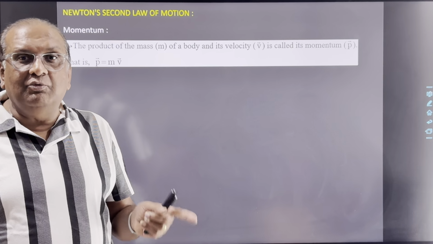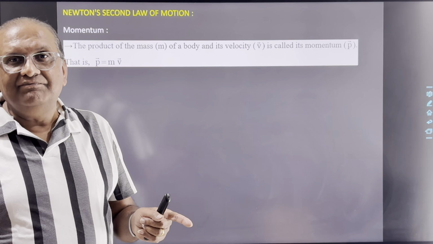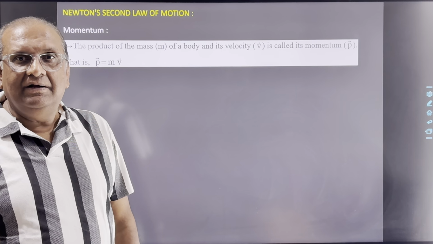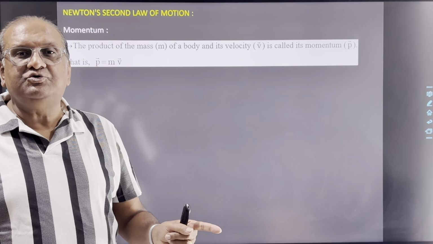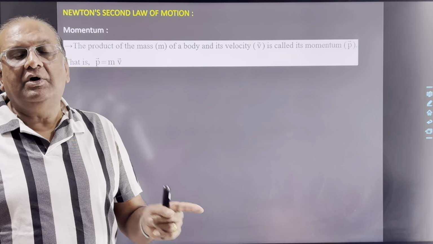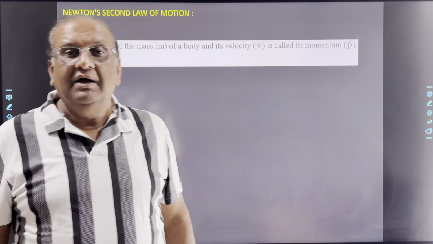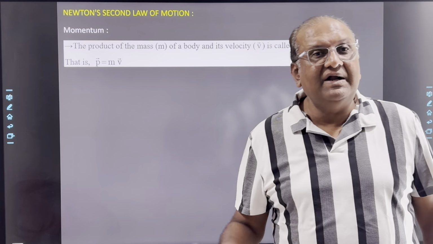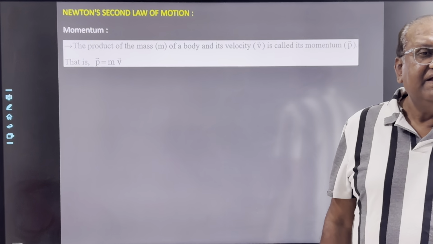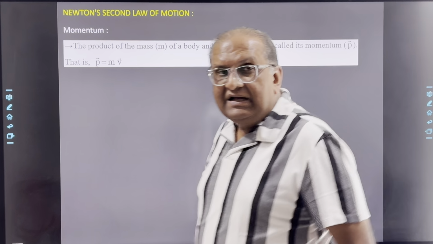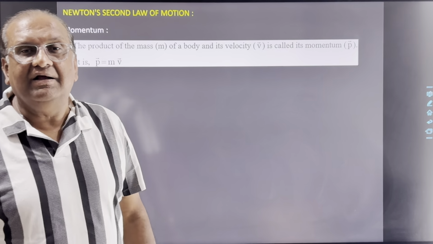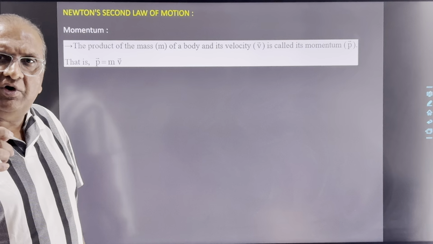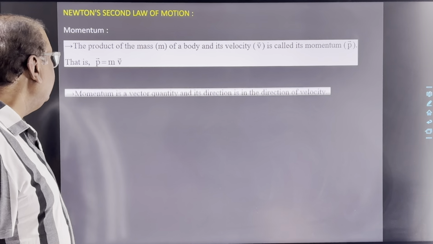So velocity of both objects, bicycle and car, is the same. But due to the mass of these two bodies, the momentum of these two bodies is different. Momentum of the car is large compared to momentum of the bicycle. Therefore, a large amount of force is required to stop it. So this is a very important physical quantity.